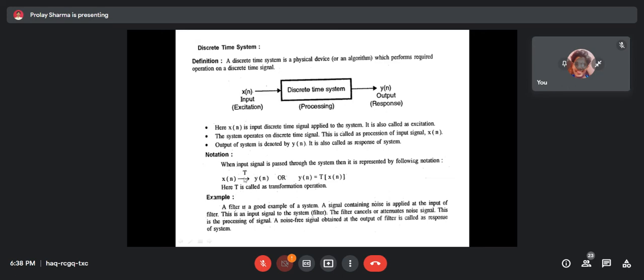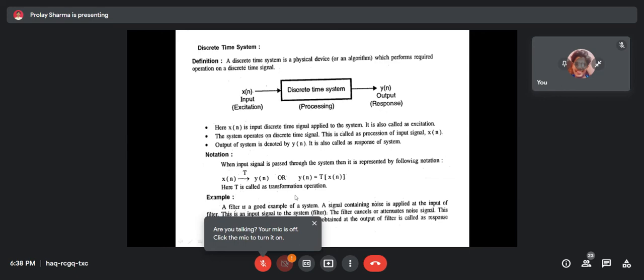T represents transformation. The system will produce the signal which is transformed by it. This equation can also be represented by y[n] equals T of the input signal x[n]. So here T is called the transformation operation.